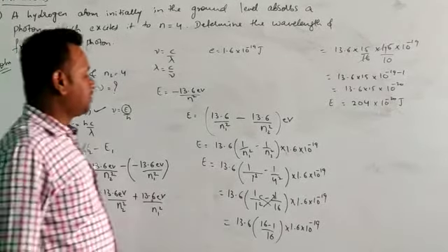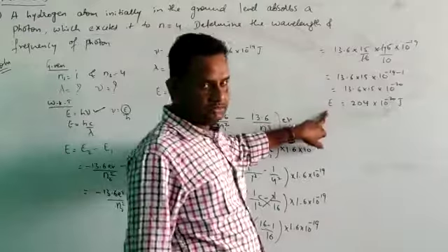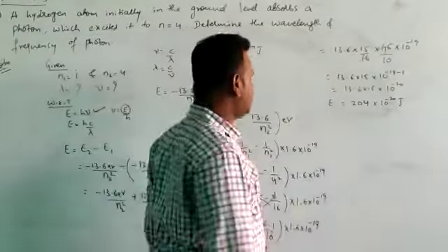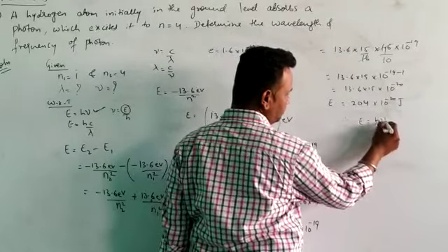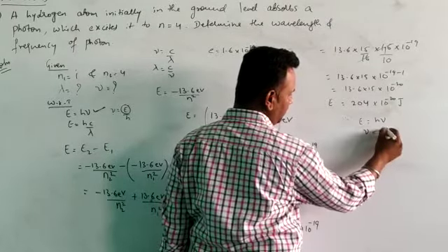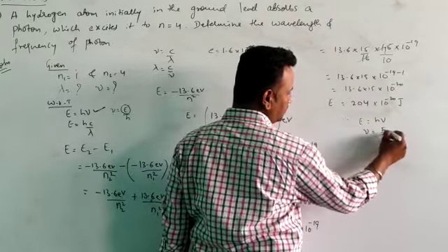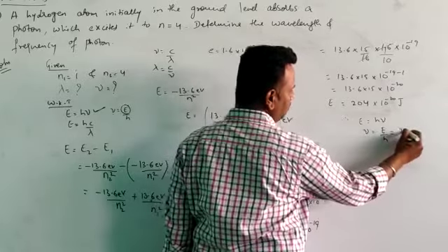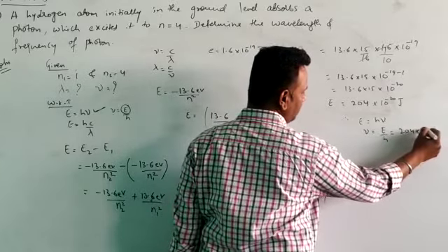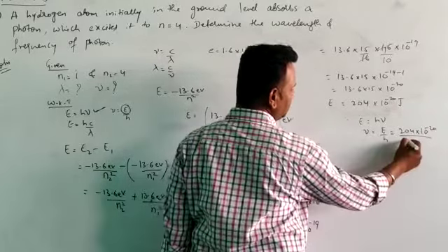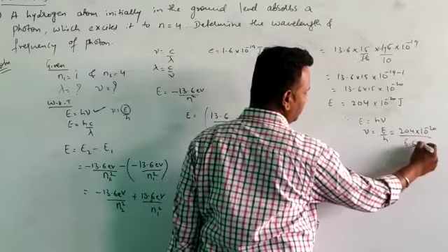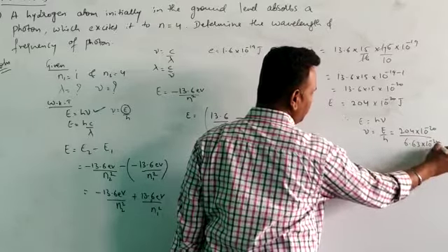So this is what we have got, the energy of the photon. Now E is equal to h nu, so nu is equal to E by h. E means 204 into 10 to the power of minus 20, whole divided by the h value, 6.63 into 10 to the power of minus 34.